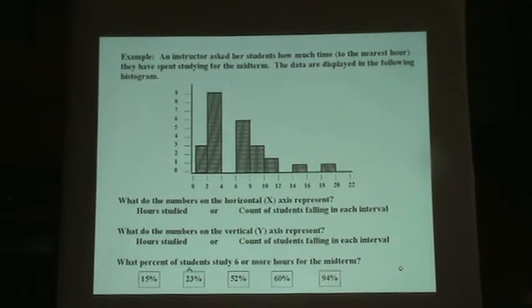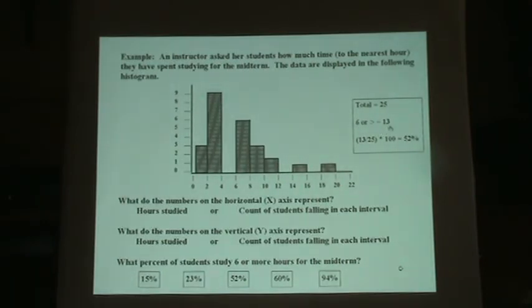And what percent of the students study 6 or more hours for the midterm? I believe the response is 52%. To get that, you had to total the students who studied 6 or more hours, and that was 13.